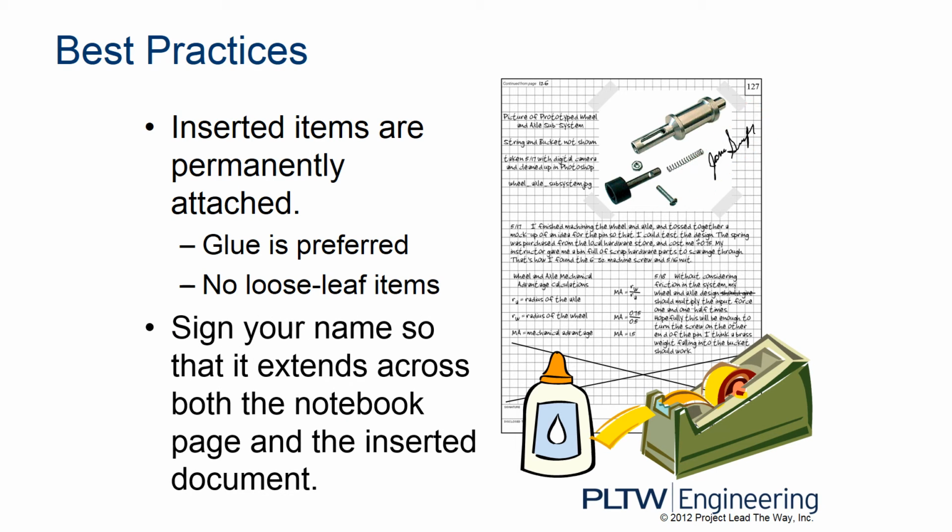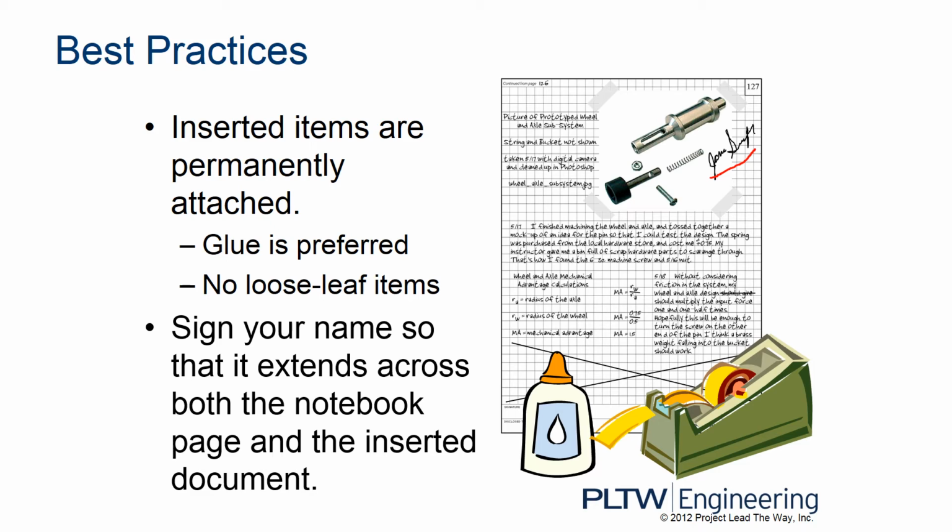What you need to do, if you tape something into your engineering notebook, make sure to sign your name so it extends across both the notebook page and the inserted document. All right, so you'll see here they started on the taped part, and they moved across into the part of the engineering notebook.